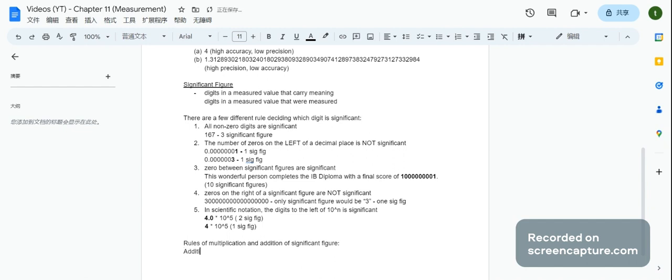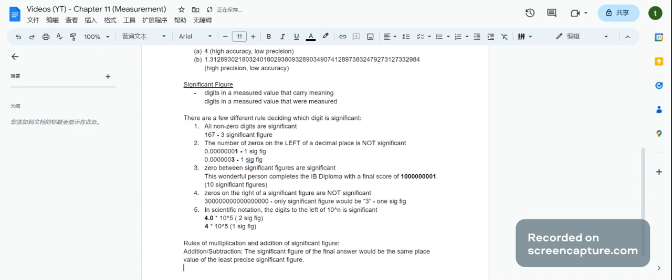So for addition, the significant figure of the final answer would be the same place value of the least precise significant figure.